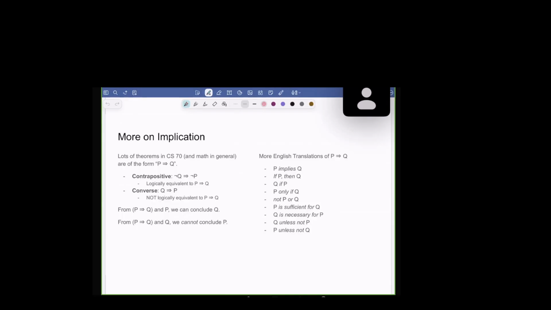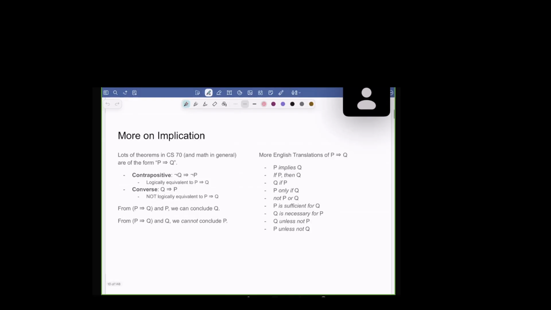And here are some other English translations of P implies Q. If P, then Q. Q if P. You guys should be a little comfortable with this, but I don't think it's really necessary. They won't try to trick you with English translations usually.